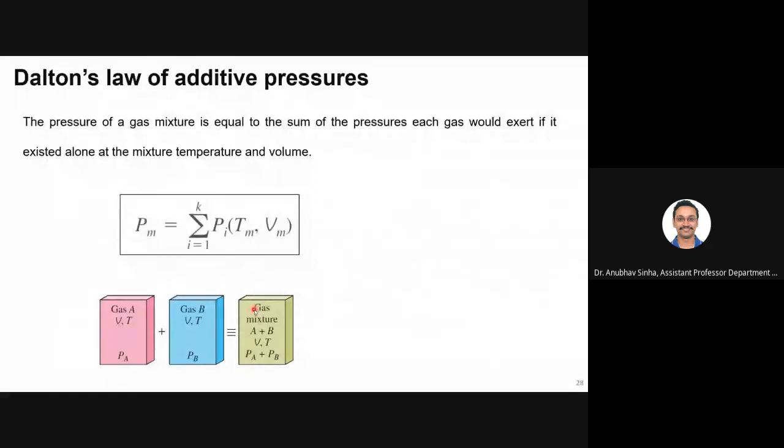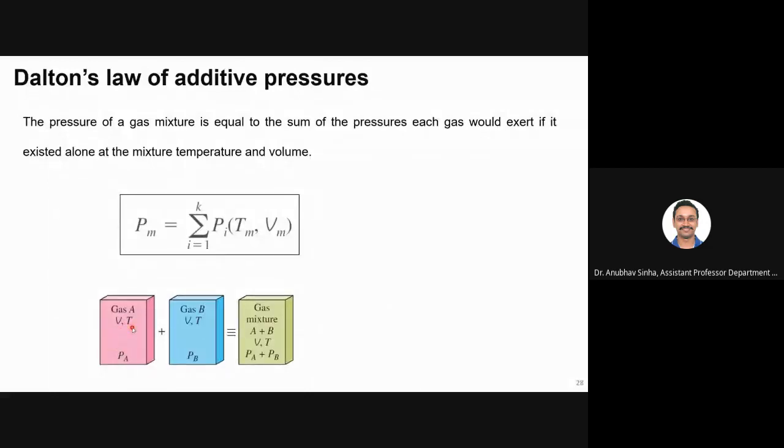Yes. The answer is actually written on this slide only. So I will repeat the question. So the question is that let us say I have nitrogen at atmospheric temperature and pressure.